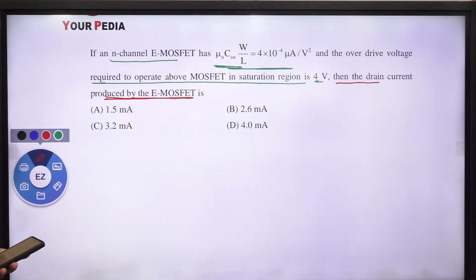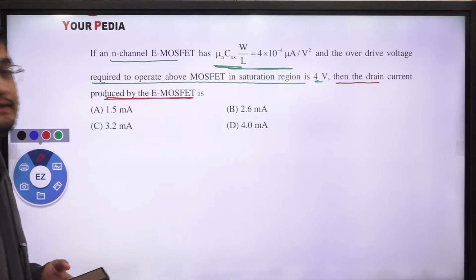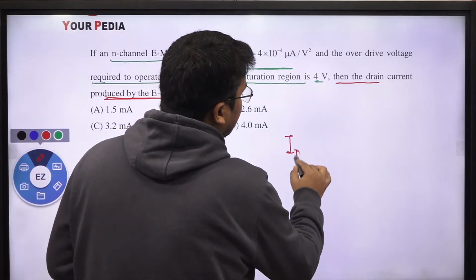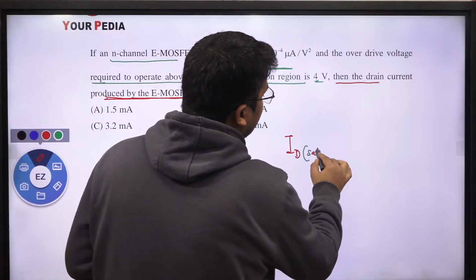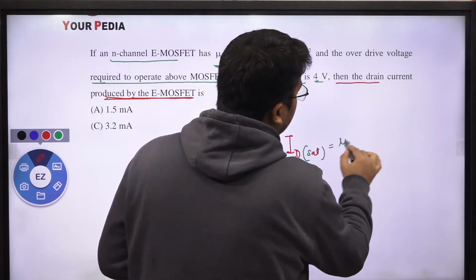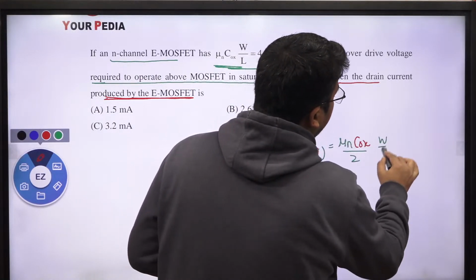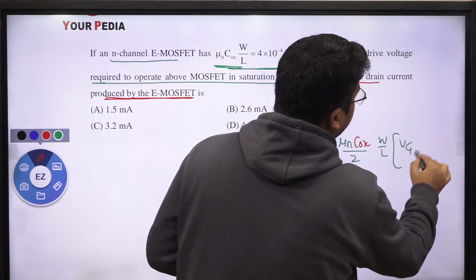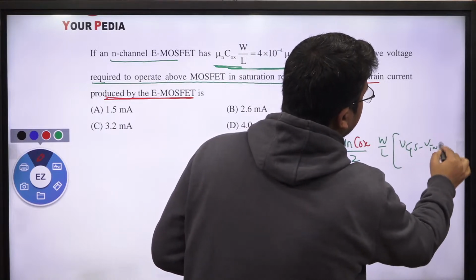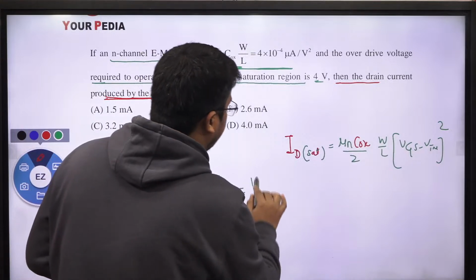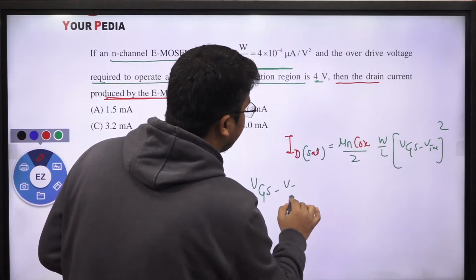Anirudh is saying C. Yes, C is the right answer. Guys, in saturation, drain current is equal to mu n Cox divided by 2 into W by L into (VGS minus VTN) whole square. And the overdrive voltage is nothing but VGS minus VTN.